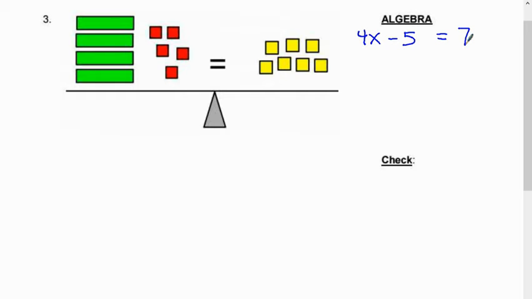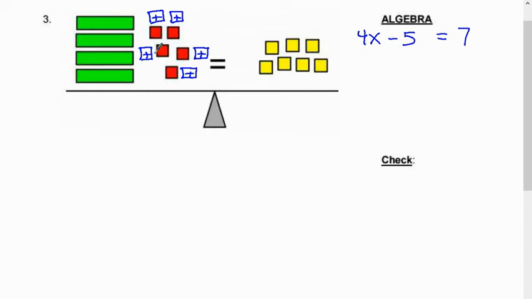Since there are 5 red squares on the left-hand side, which are negative, I'm going to have to put 5 yellow squares, or 5 positive squares, on the left-hand side in order to make 0. So let's go ahead and draw those in. 1, 2, 3, 4, 5, and I'm going to make them all positive, again, because the positive 5 squares and the red negative squares are going to make 0.